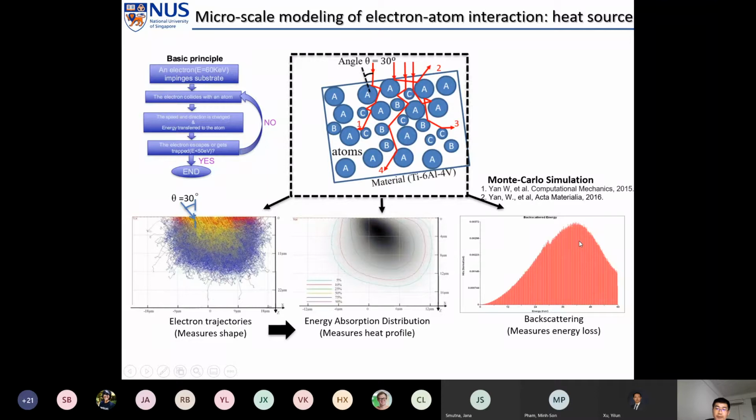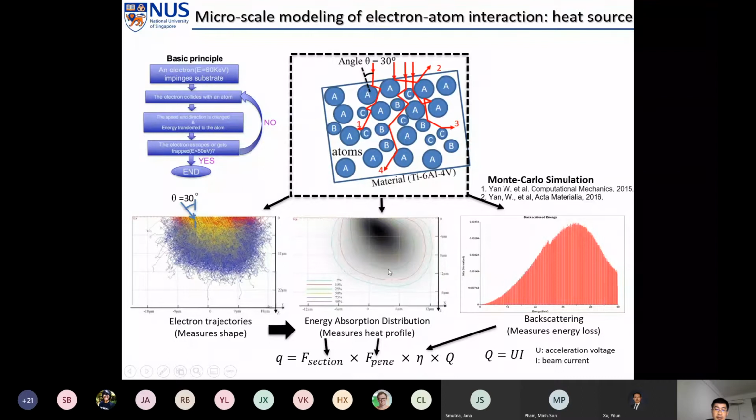So that's the energy loss. Then based on this, we can derive an equation for the heat source model of the electron beam. So there are mainly 4 items in the equation. One is the energy distribution in the cross-section of the electron beam. And then the energy distribution in the penetration direction.